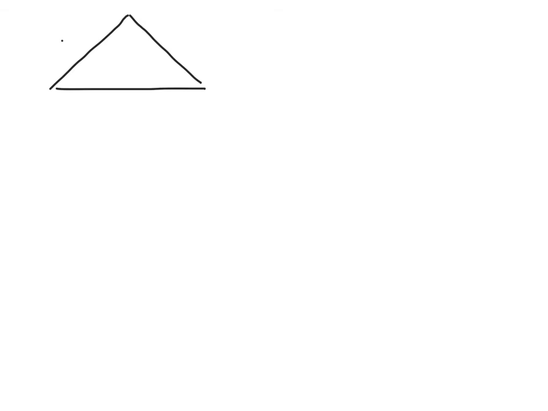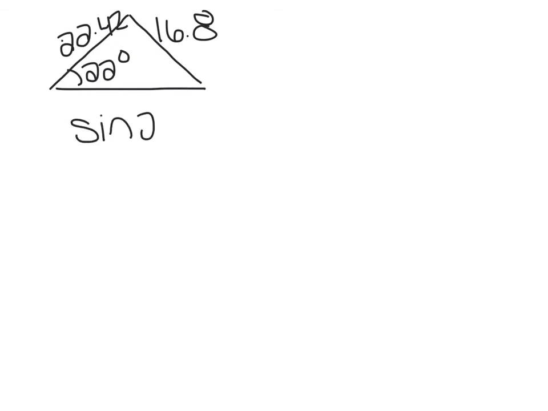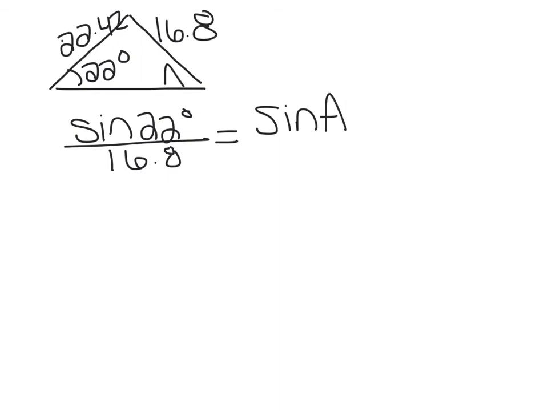And you know on this problem, this angle right here is 22 degrees, and here's my 22.42. And this side over here is 16.8. So we're just going to proceed doing the problem like we always would. We would do sine of 22 degrees over 16.8 equals sine of angle A, which is this angle down here, over 22.42.